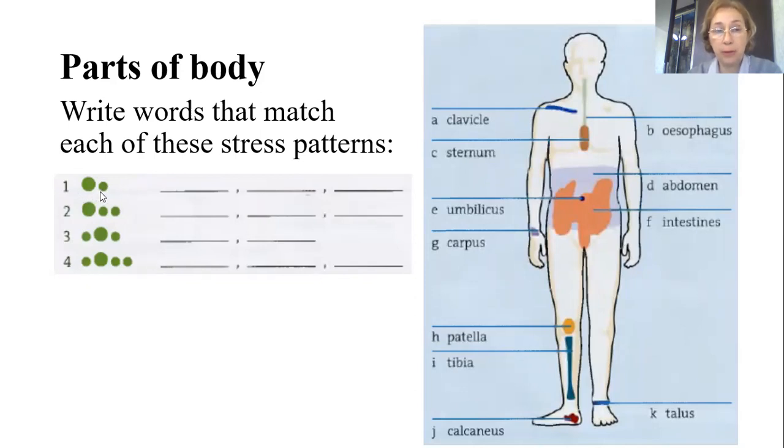Each circle in each stress pattern stands for 1 syllable. So in the first group, we should write 2-syllable words, 3 words that consist of 2 syllables. And in these words, the first syllable should be stressed. So the bigger circle shows the stressed syllable.